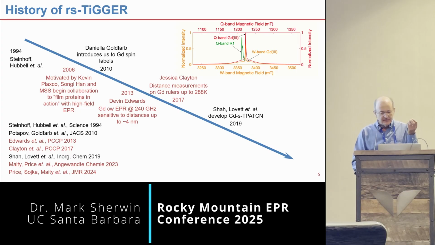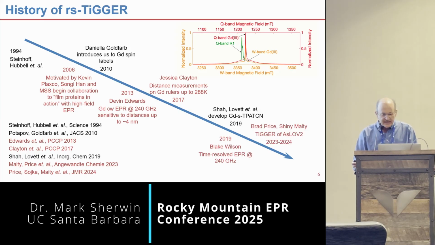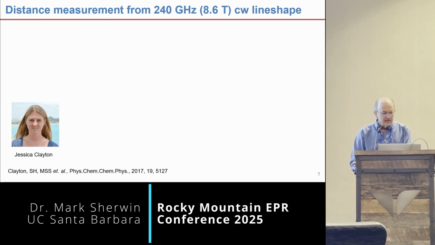Since this is a very narrow transition, these gadoliniums are exquisitely sensitive to the presence of a nearby gadolinium. What I'll talk about today are the measurements that Brad Price and Shiny Métis have done, and Johanna Schubert is taking over this effort.